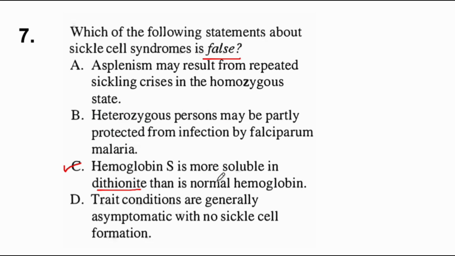In this deoxygenated state, normal hemoglobin remains dissolved and the solution stays clear. But hemoglobin S polymerizes and precipitates, making the solution turbid and cloudy. Therefore, hemoglobin S is less soluble, not more soluble.